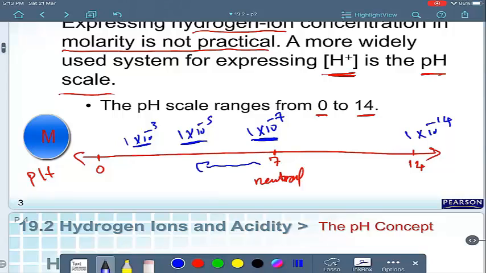Here greater, here greater. At this moment, the H positive concentration is greater, which means it's acidic. It happens on the pH scale: it moves from neutral toward 0, which means it's acidic.